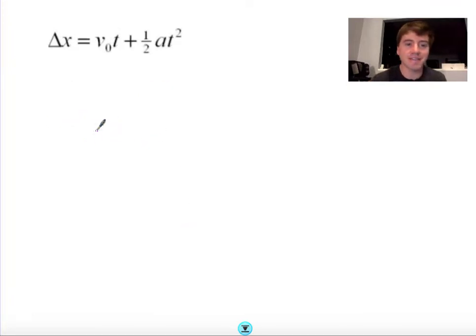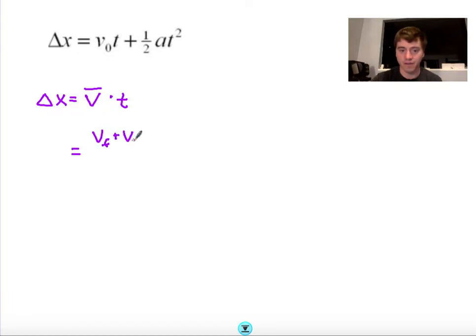Here's where we get to have a little fun. Where does this come from? Well, I see a change in position here. Let's use this. I know that the change in position is my average velocity times my time. But I also know that my average velocity is the final velocity plus the initial velocity divided by 2, times time.